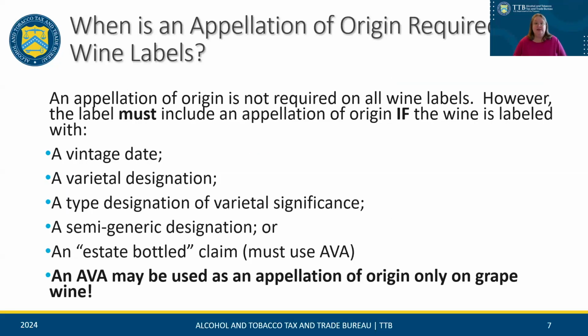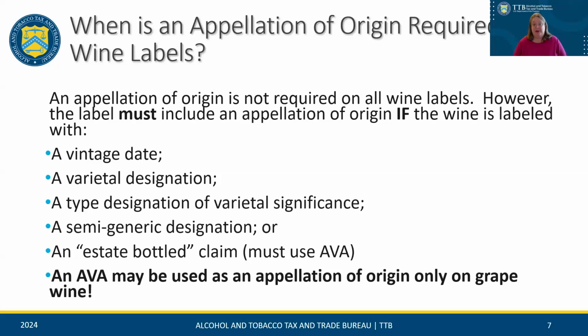So I said that usually appellations of origin are voluntary on a wine label, but sometimes they're required. When are they required? Well, you must use some sort of appellation of origin on your wine if you also include a vintage date, a varietal designation, a type designation of varietal significance, a semi-generic designation, or if you make an estate bottled claim.